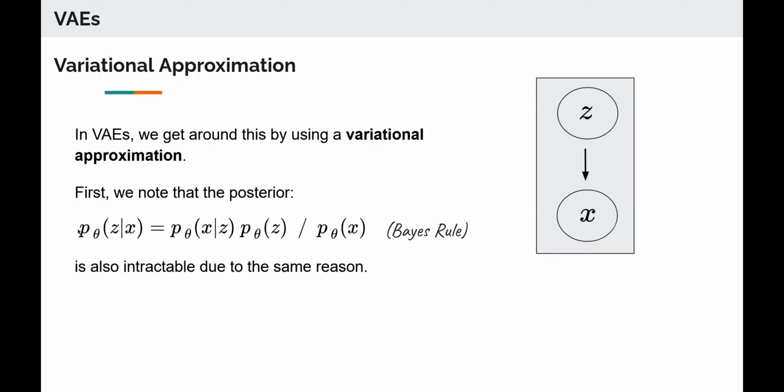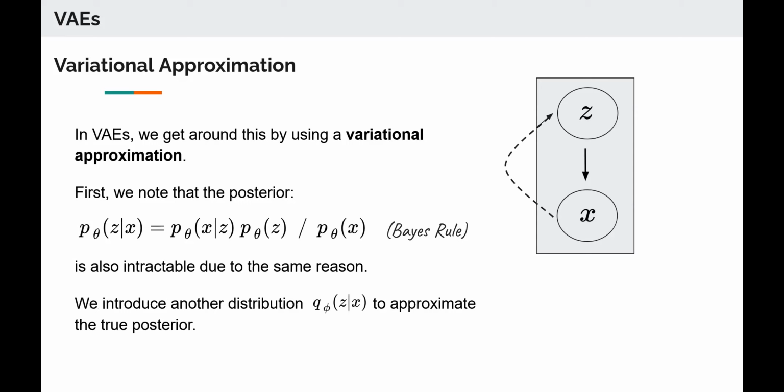Okay. So in variational approximation, what they say is let me introduce a new distribution, Q phi of Z given X. So it's a distribution over the same random variable given the same random variable. So both of them are Z given X. But this is a different distribution with a different set of parameters.